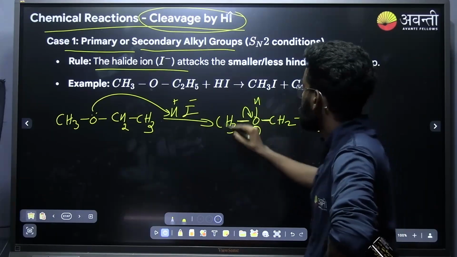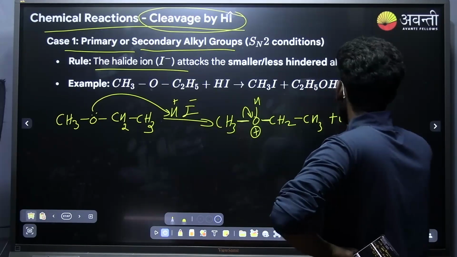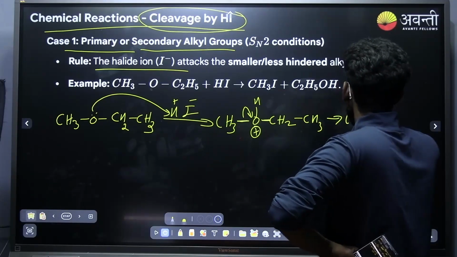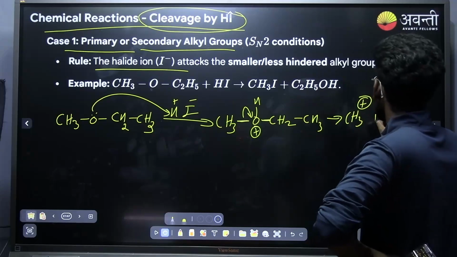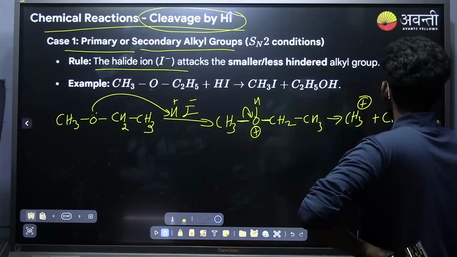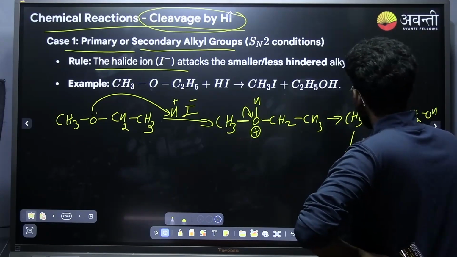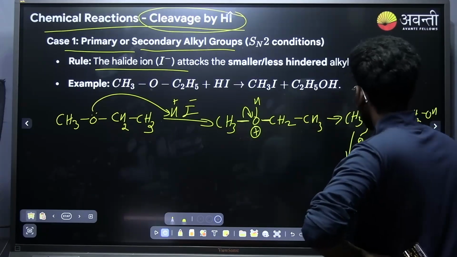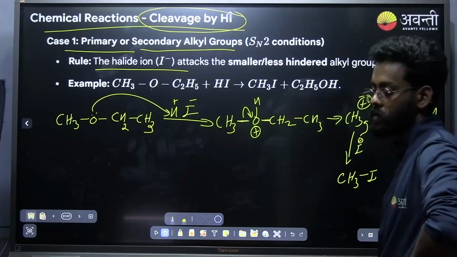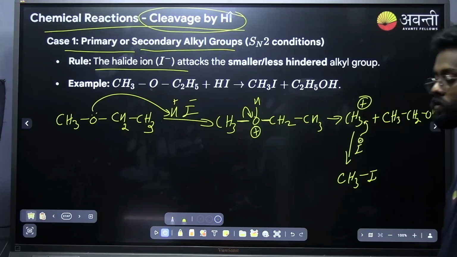So here the cleavage will be taking place from this carbon to oxygen, resulting in the formation of CH3 plus, then we will be getting alcohol, that is CH3 CH2 OH, and I minus will be attacking on this carbocation, resulting in the formation of CH3I. Okay, got it everyone?